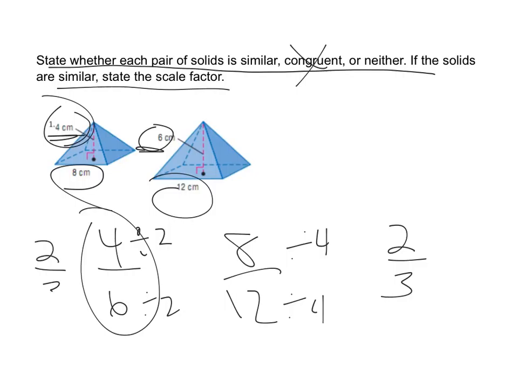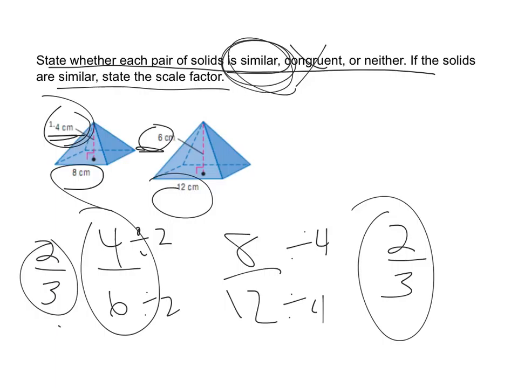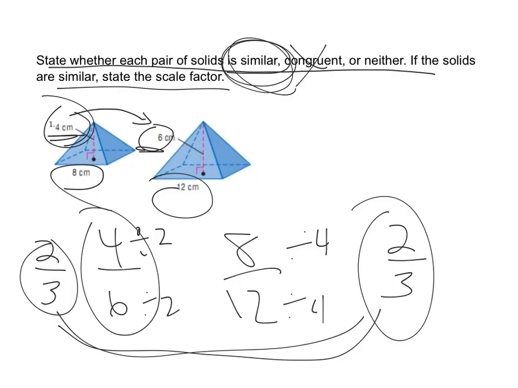This becomes 2/3. Those match up. Yes, it's similar. They have the same scale factor. If I'm going from 4 to 6, my scale factor has got to be bigger than 1, so it's not 2 over 3, it's 3 over 2. That's my scale factor.